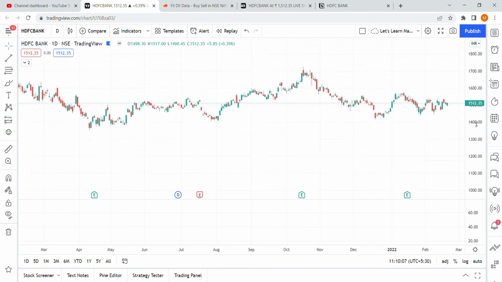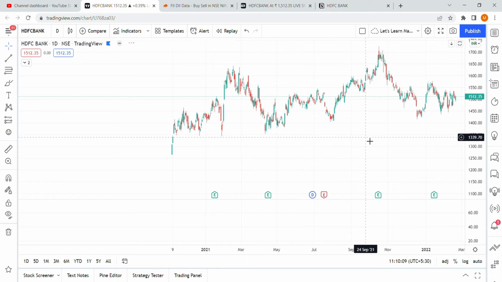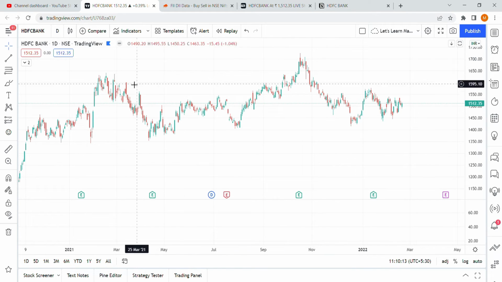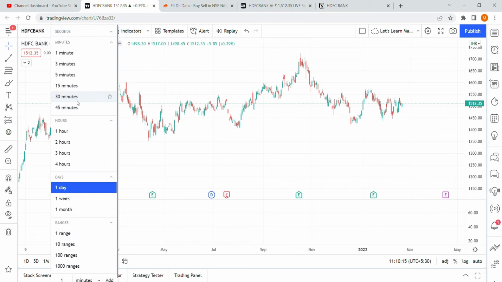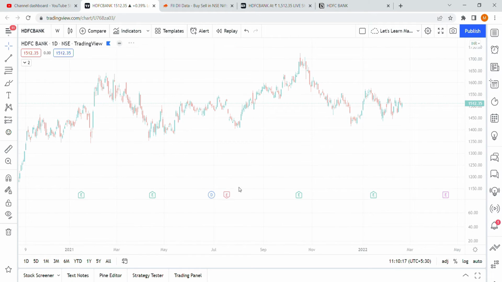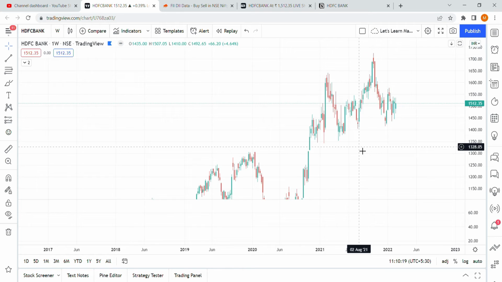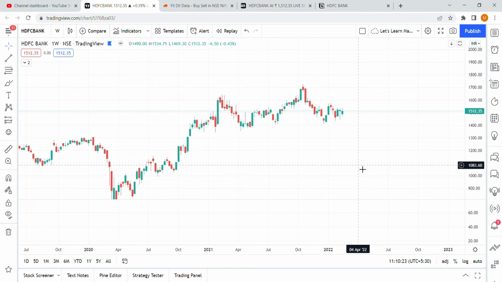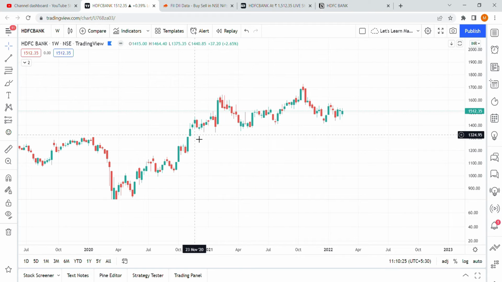All right, now, first and foremost, what we have to do is select support and resistance for the stock. Now if you observe here, you can see the stock has been taking support near these levels, mostly from December 7th, 2020.